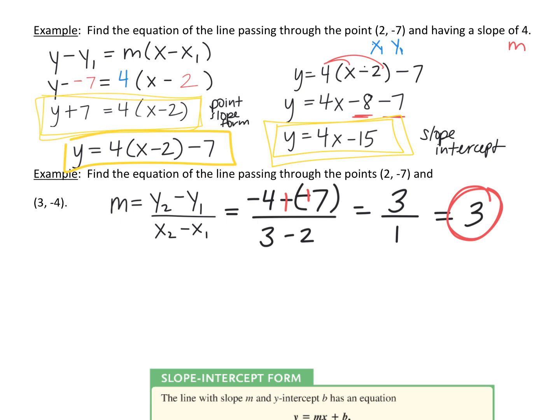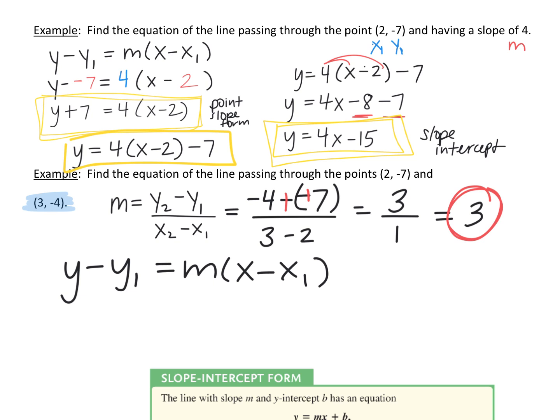It does not matter what point you choose, whichever one you prefer. They both have a negative, so you're not really dodging that. So I'm just going to choose 3, negative 4. Again, I think it's easiest to use point-slope form. So y minus y1 equals m, x minus x1.